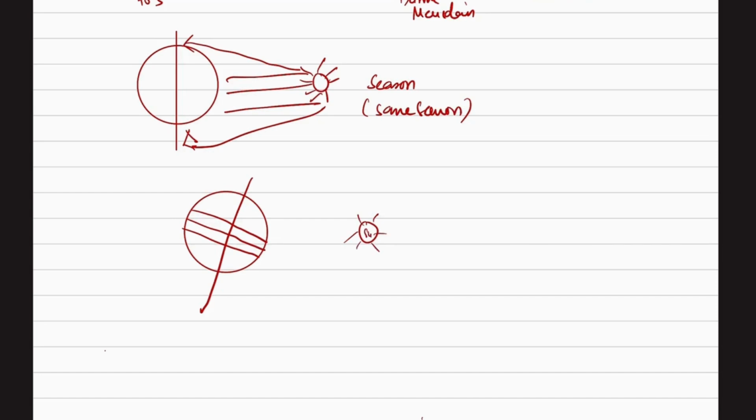So the sun is for here the tilted, and what is tilted is 23.5 degree. The tilted portion is 23.5 degree. So the axis is tilted at 23.5 degree.